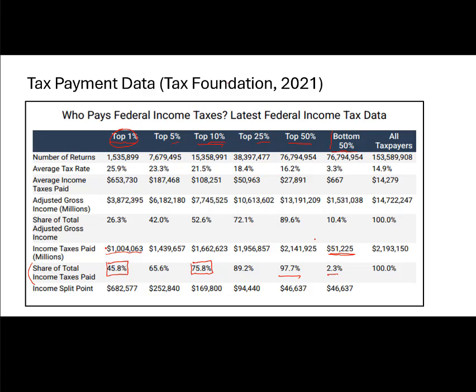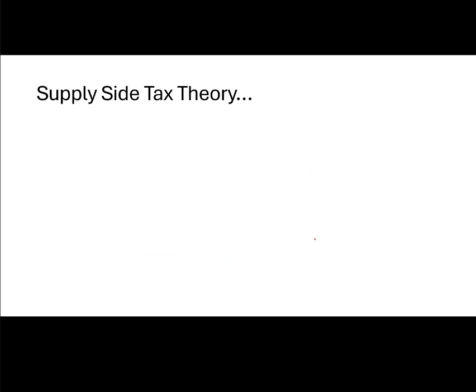Okay, so with that being said, what is the rationale and then possibly the effect of applying that supply side tax theory, which would be let's reduce the tax rates and see what that does to the incentives of people to earn and invest, to do the things that generate income, right? What generates income? Working, investing, starting a business, trying to innovate new technology to make your business more profitable and efficient.